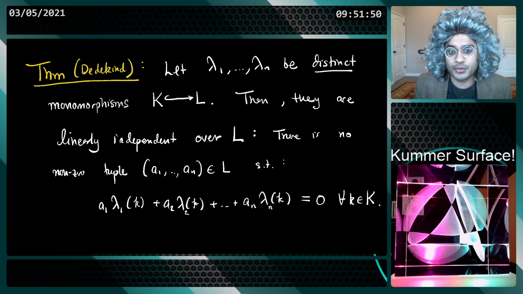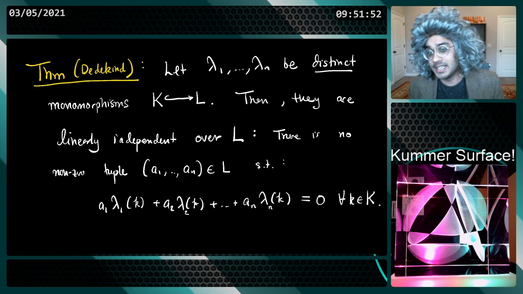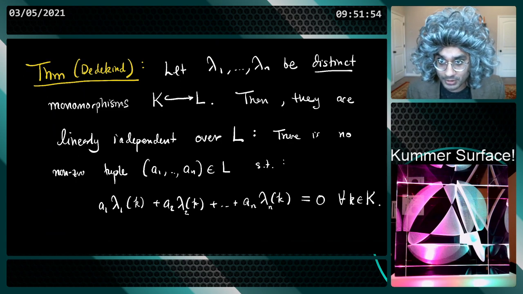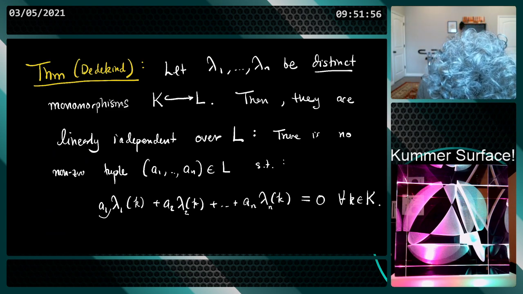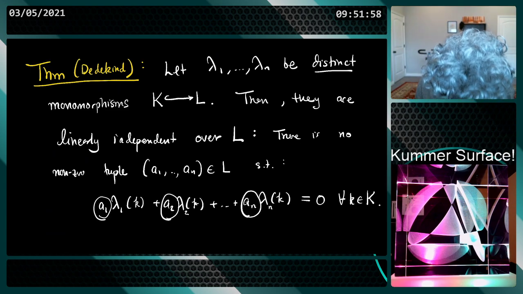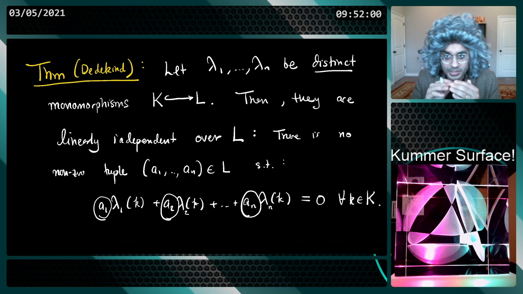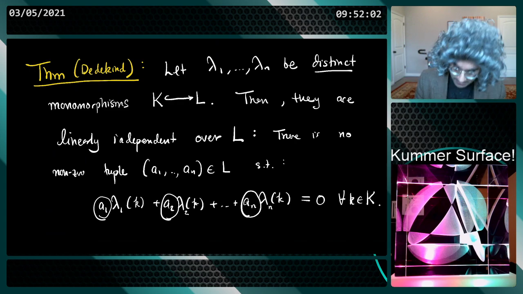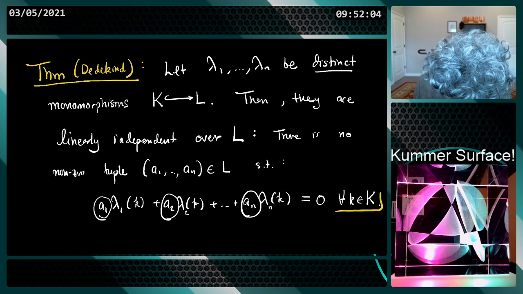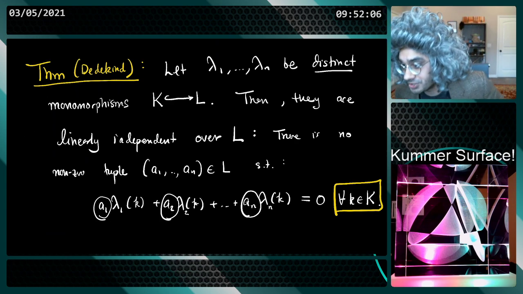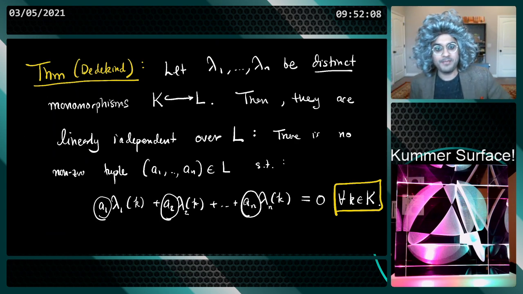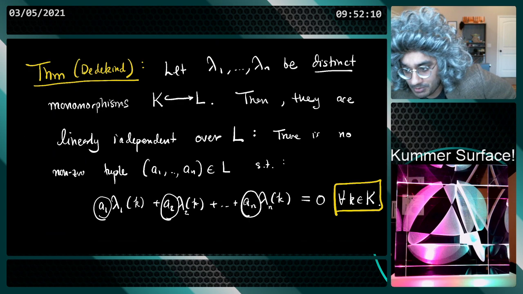This is what it means for these functions to be linearly independent over capital L. It means that there's no capital L way of combining them which becomes identically the zero function.